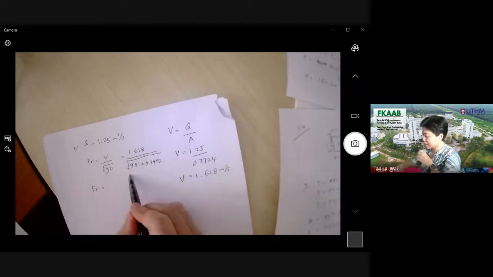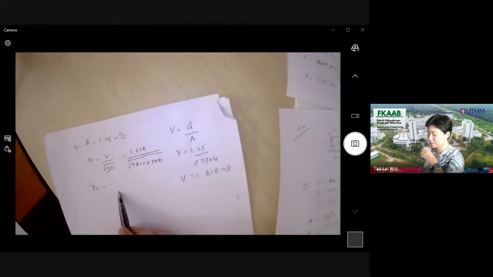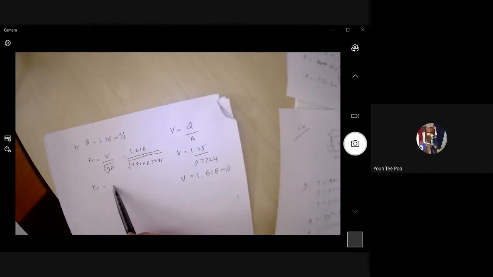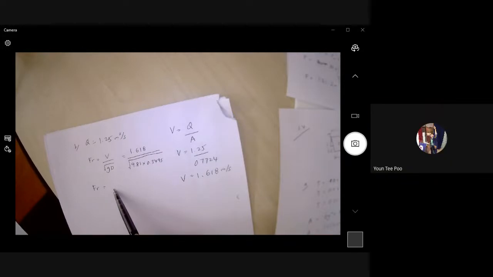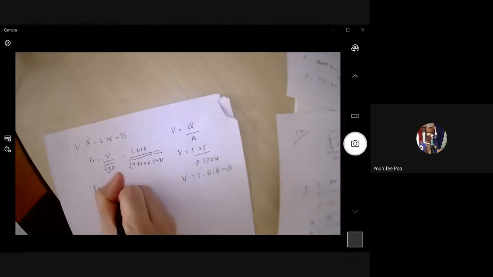Tolong selesaikan ni, Froude number. Siapa pun boleh. Tipo? Yes, madam. Help me solve this. Zero point 8738.